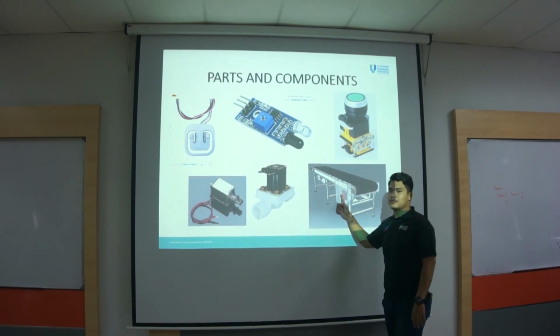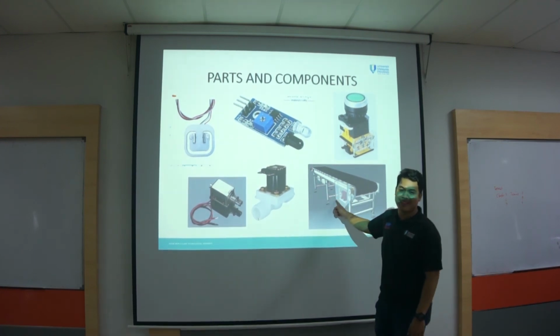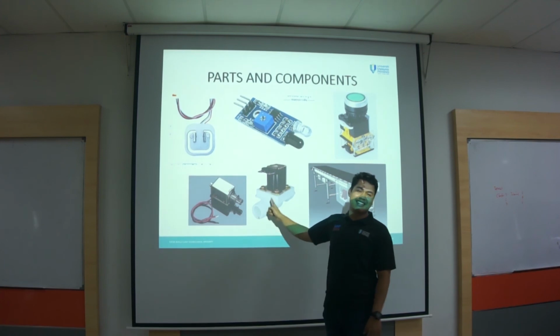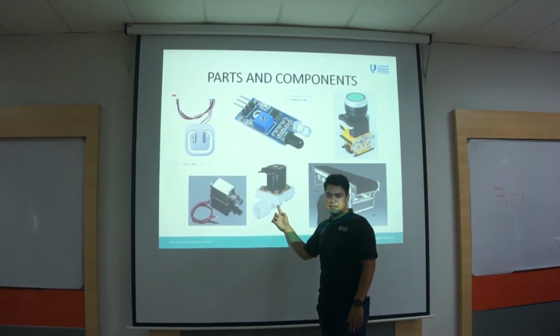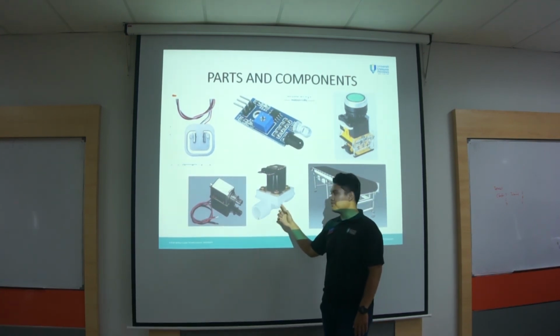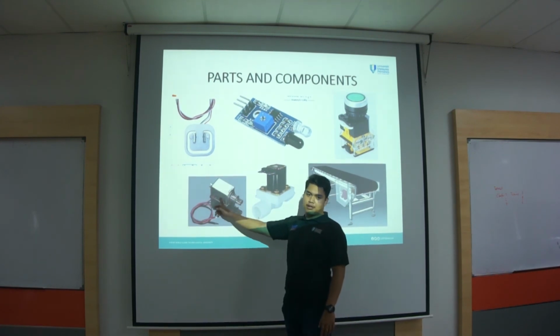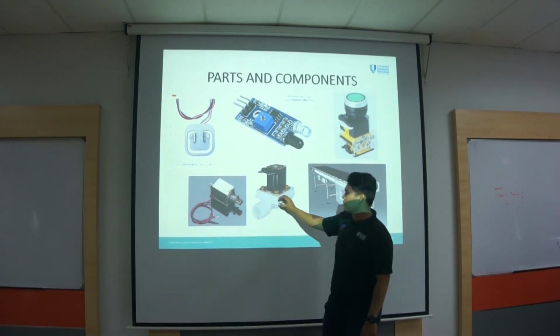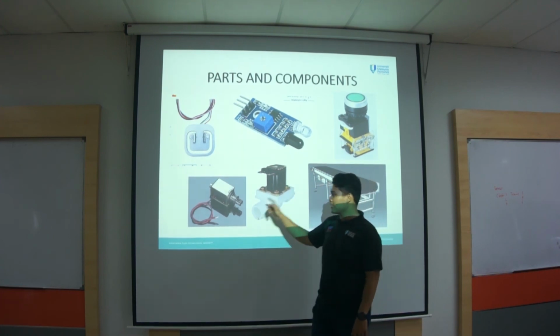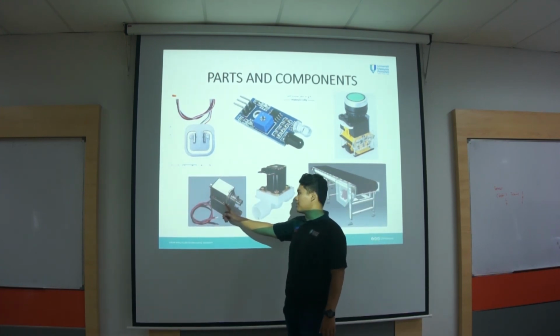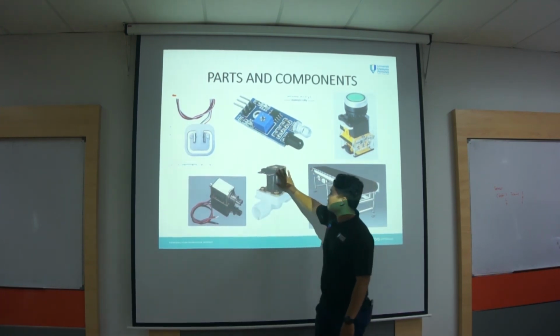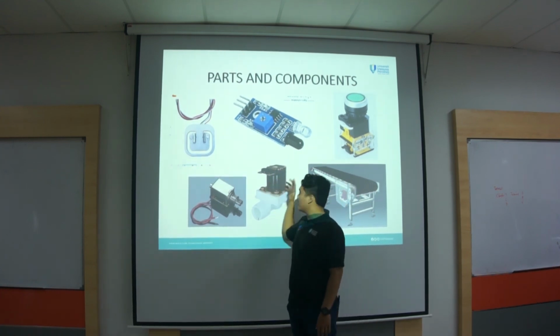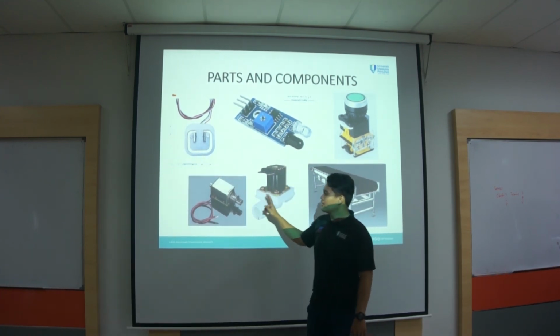This is the conveyor. This is the solenoid valve. This is the one that I told you about: with the magnetic flux, it will push the spring, so the valve opens and closes. This one is the control, and this is the solenoid. On top of this, inside is the solenoid, and this is the solenoid valve.